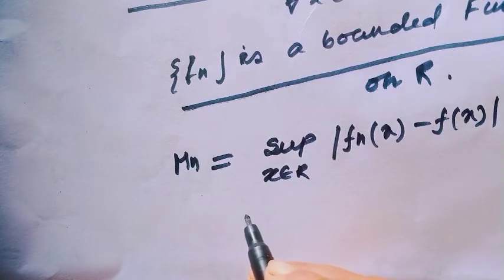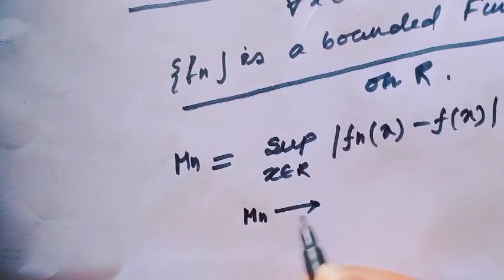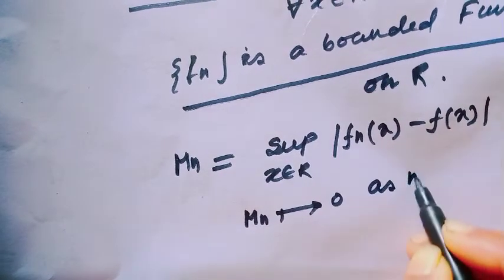We have to see Mn tends to 0 as n tends to infinity.